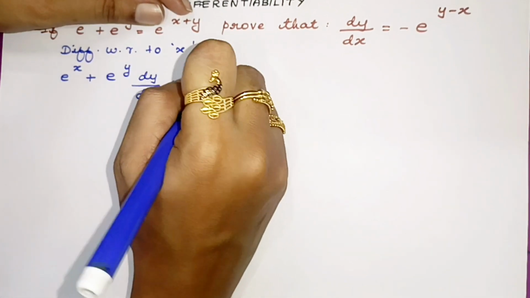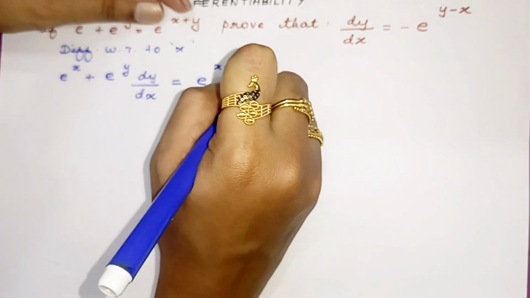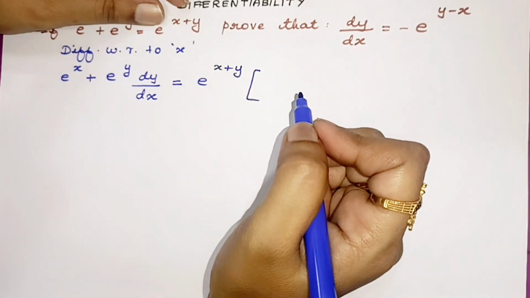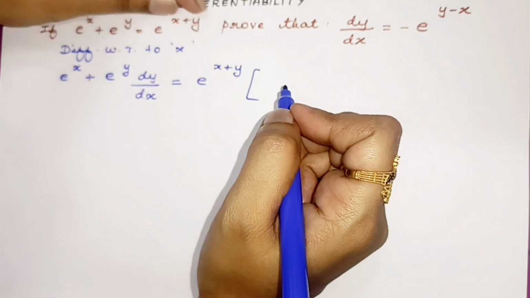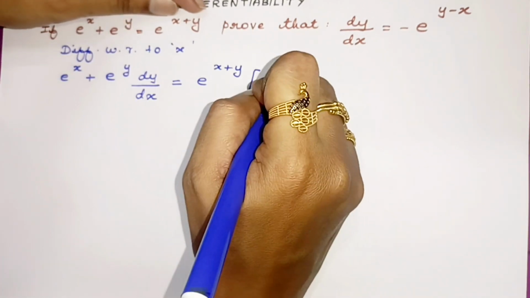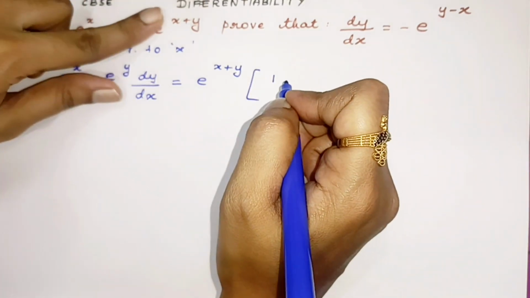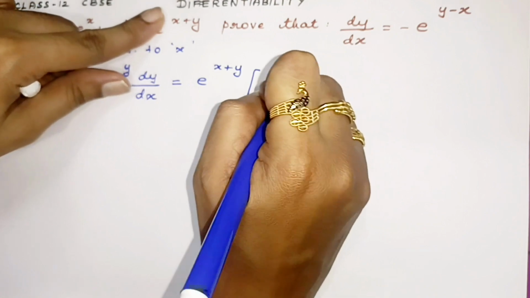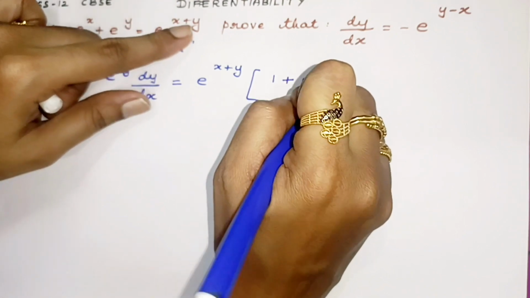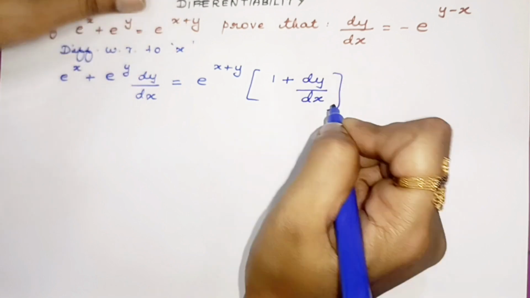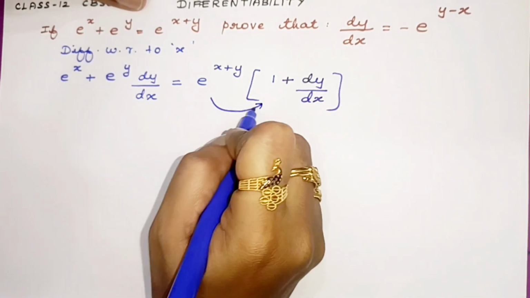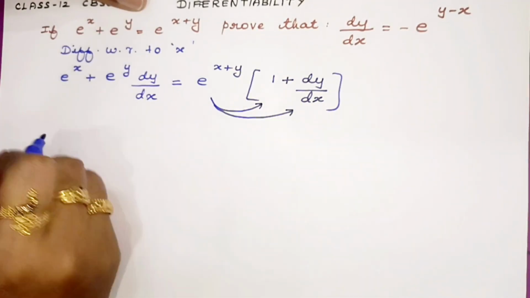Thereafter, we should differentiate the function in the power. While differentiating x, we get 1, plus while differentiating y, we get dy by dx. So now, multiply this term inside.